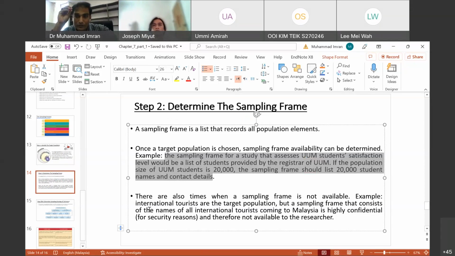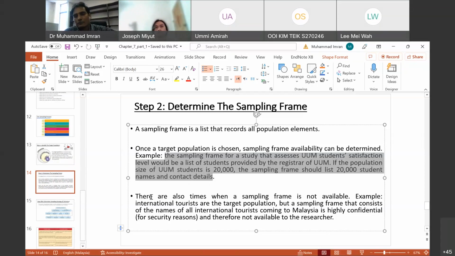The population will be all students of UUM. Here, the list would be the list of students provided by the registrar of UUM. If the population size of students is 20,000, the sampling frame should be 20,000 student names and contact list, contact details. Then your sampling frame will be 20,000.